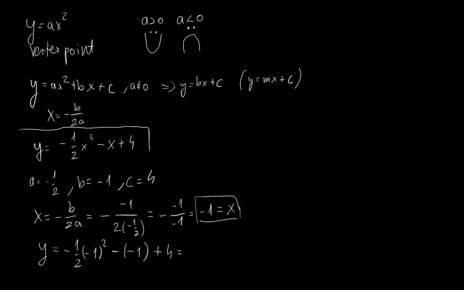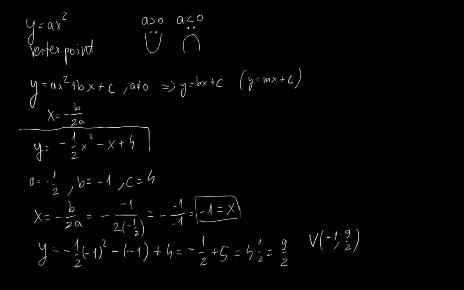And with fast calculations we get that it's minus 1/2 plus 5, and that is 4.5, which is 9 over 2. And now we know the coordinate pair of the vertex point. I will call the vertex point V, and it is minus 1 and 9 over 2.